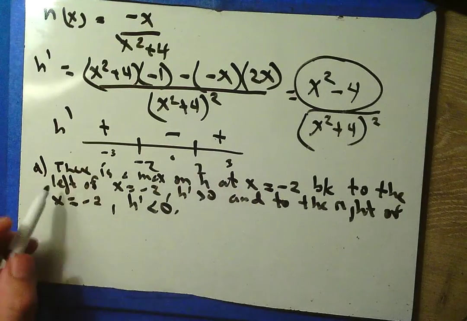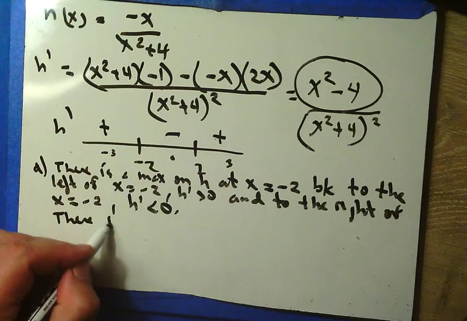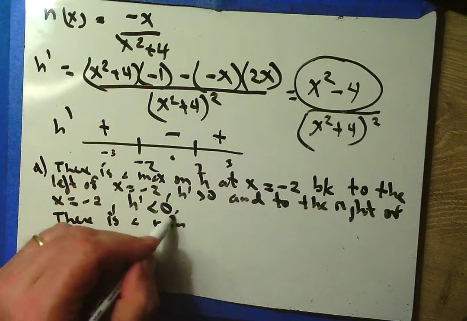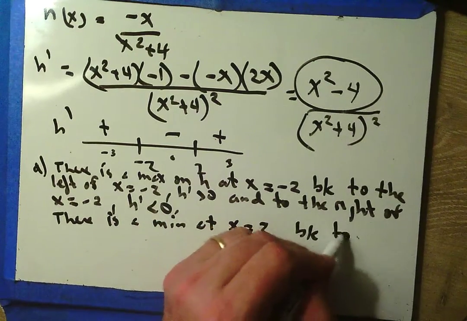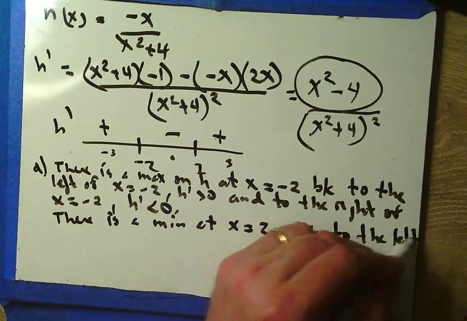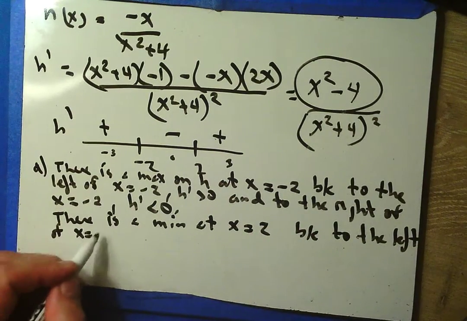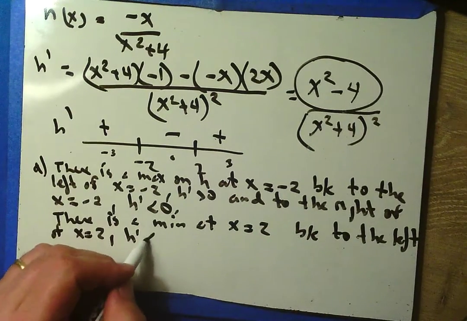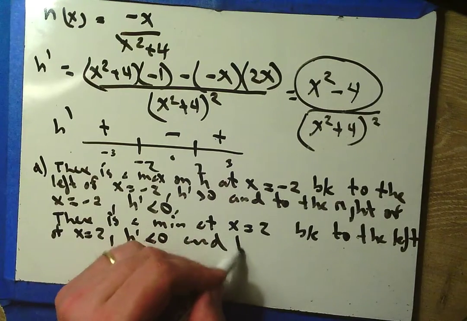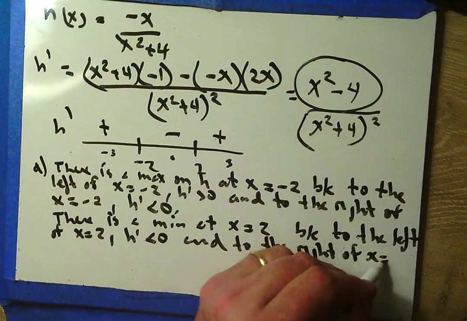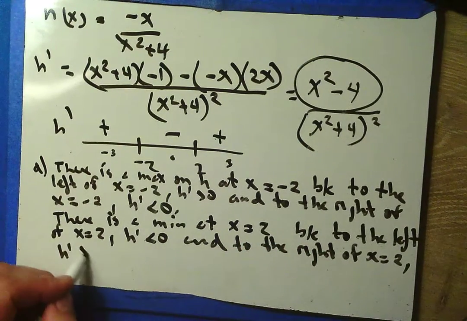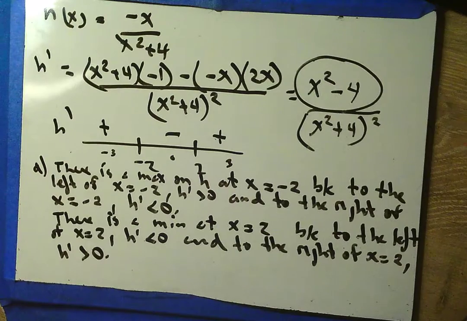Well, there's this min over here. There is a min at x equals 2, because to the left of x equals 2, h prime is less than 0, and to the right of x equals 2, h prime is greater than 0. So there I've justified my extrema for part A.